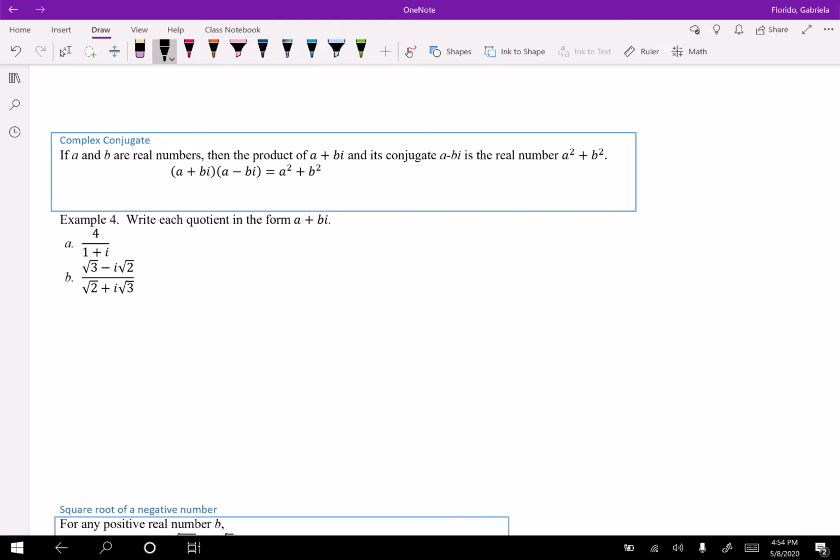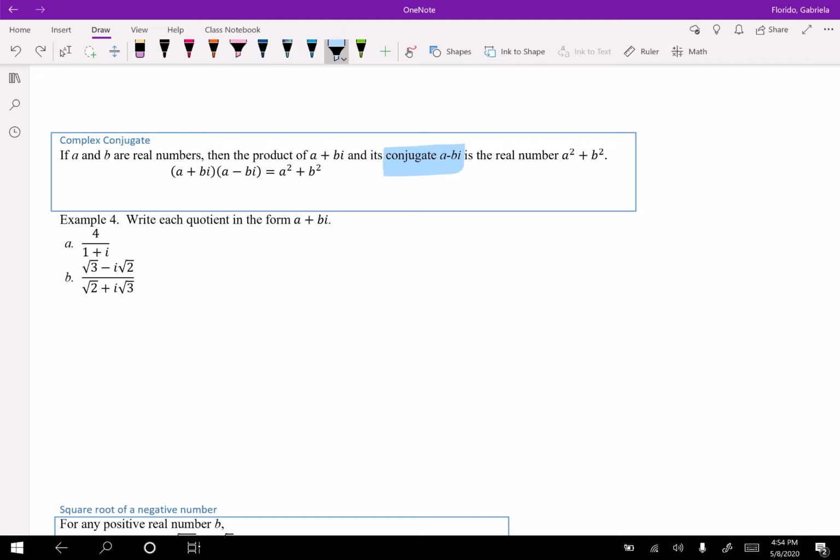And let me highlight here that the conjugate of a plus bi is a minus bi. We change the sign of the real number that's in front of the i. So if my real number was 5, then it's going to be -5.